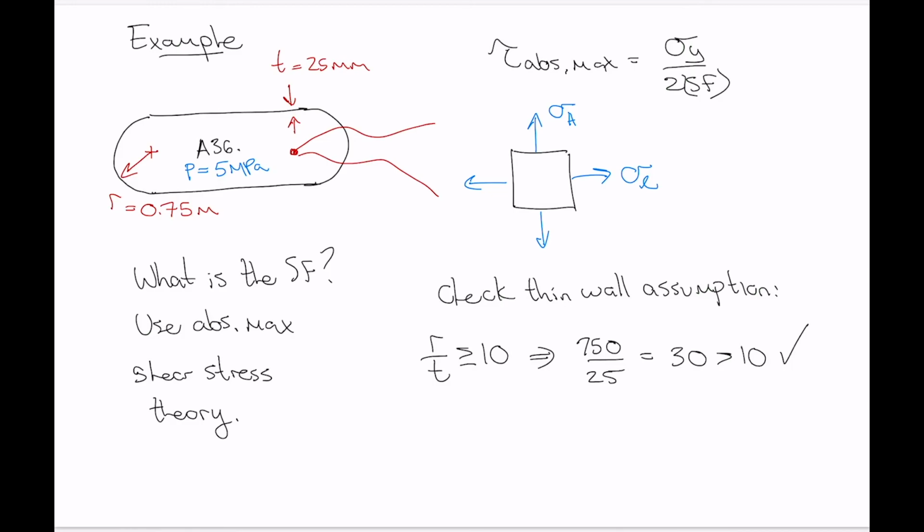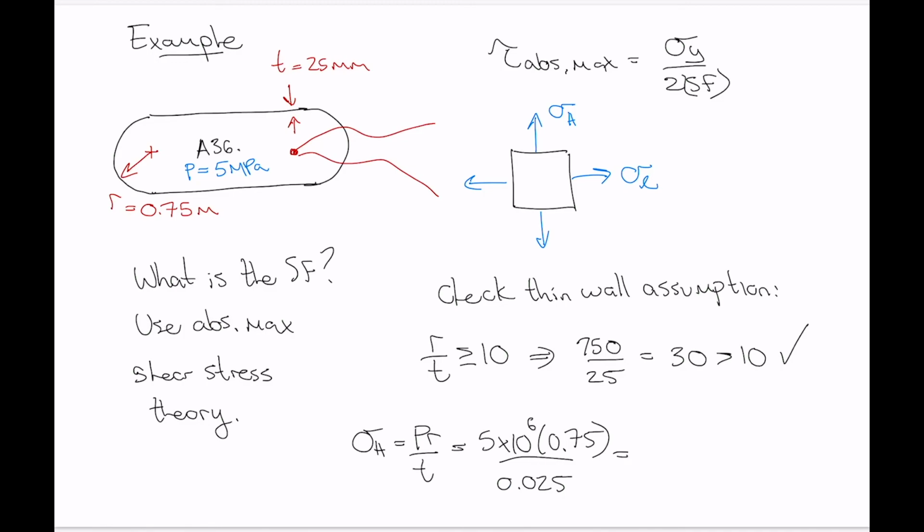All right, so we can proceed with calculating what our hoop stress and longitudinal stress are. For the hoop stress, sigma H equals PR over t. We've got 5 megapascals times 10 to the 6, our radius, 3/4 of a meter, divided by our thickness, 0.025.